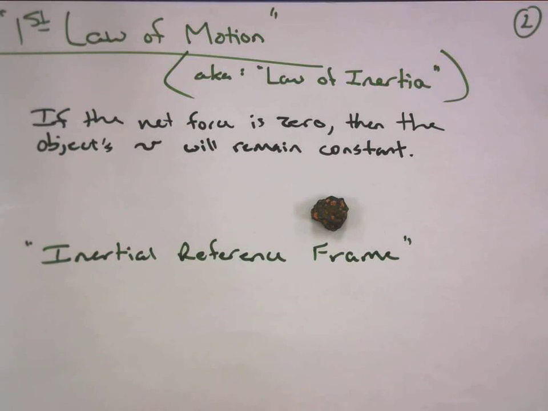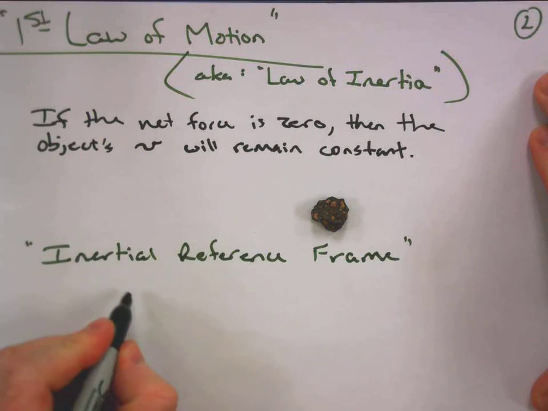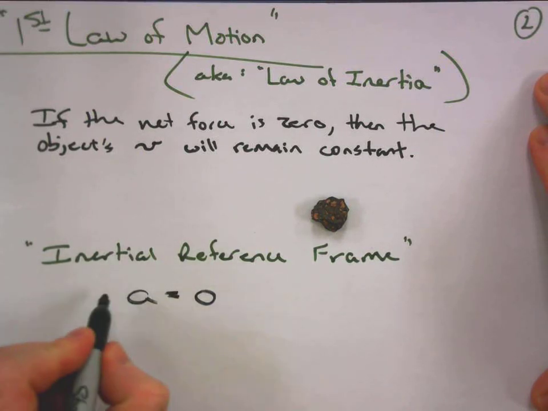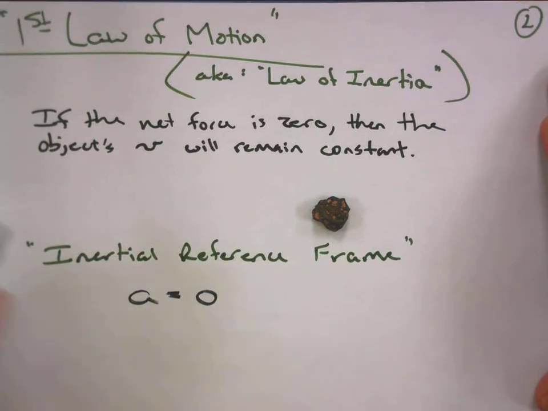It's simply the idea that Newton's laws, including the first law, really only work in an inertial reference frame. And basically all that means is your point of view of a situation needs to have an acceleration of 0 in order for Newton's laws to make sense and to actually hold and be evident.